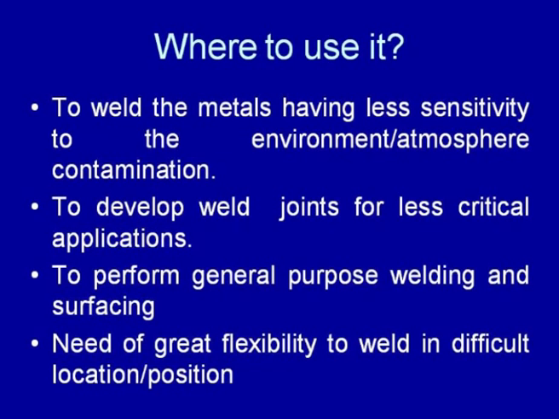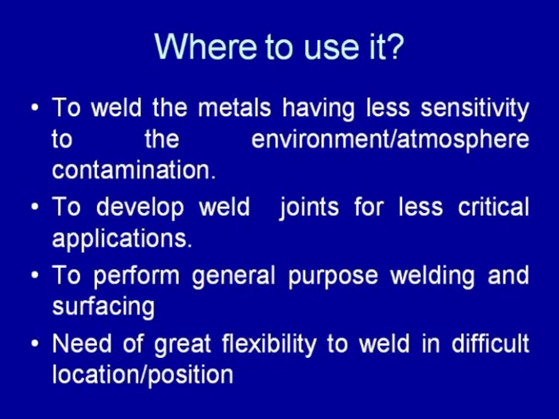So, to weld the metals which have less sensitivity to the environment and atmospheric gases, this process is commonly used. And now we see what are the locations and situations where this shielded metal arc welding process can be used effectively.